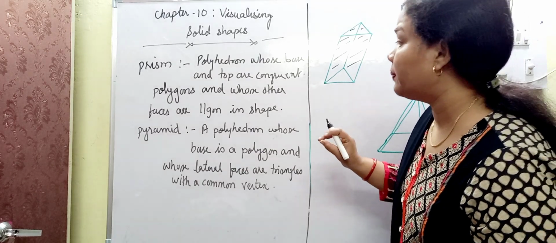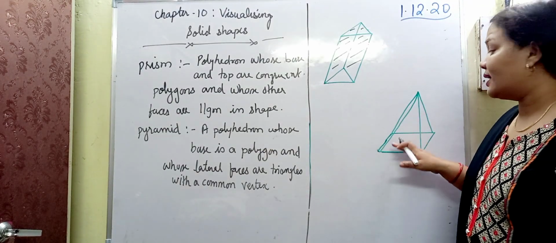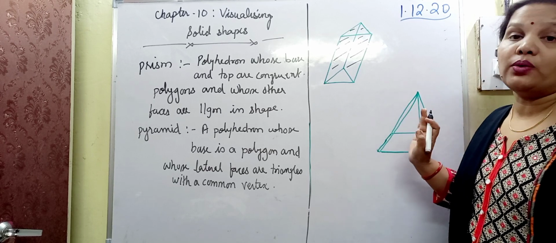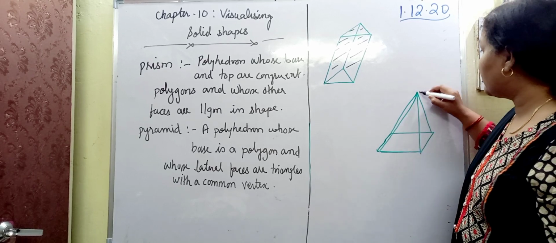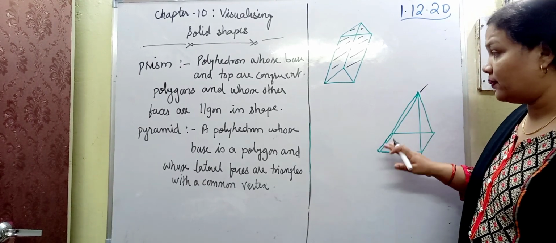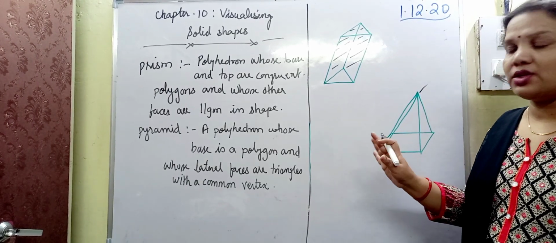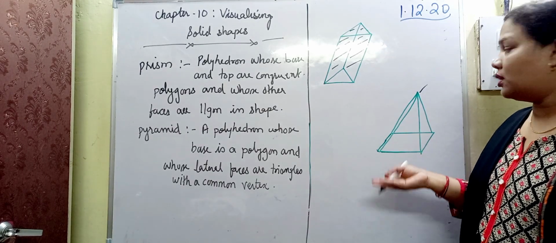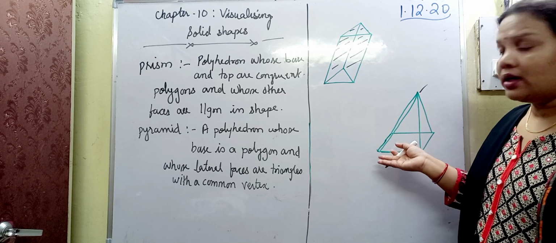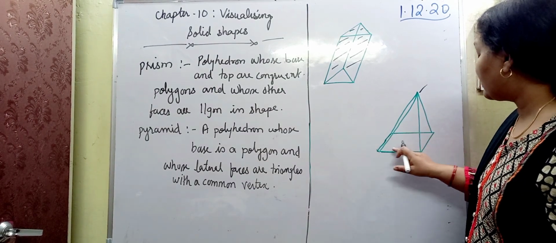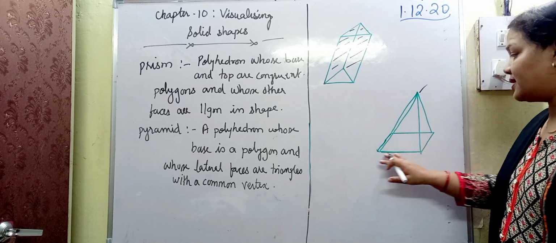Now next is the pyramid. A polyhedron whose base is a polygon and whose lateral faces are triangles with a common vertex. You can see that here it is a common vertex. Its base is a polygon, which means you can take any shape: triangular, pentagonal, hexagonal, or here I have taken a rectangular base, so you can see four vertices at the bottom side.